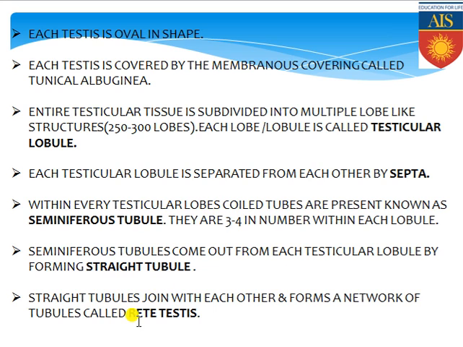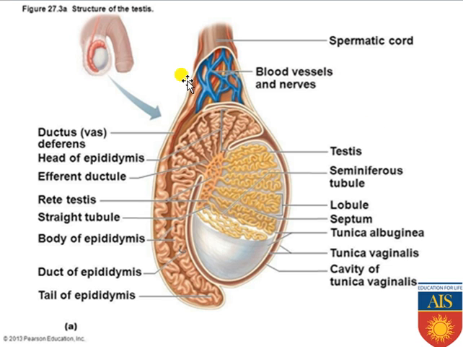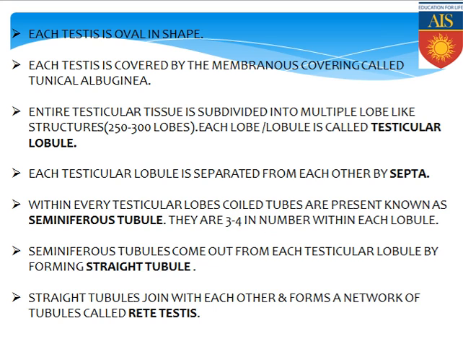And those straight tubules are connected with a network of tubules or capillary-like structure, commonly known as rete testis. Here also you can see rete testis is written within the testis structure, so you can write that, no problem. So I think the entire structure of the testis shown here is very clear to each and everyone.